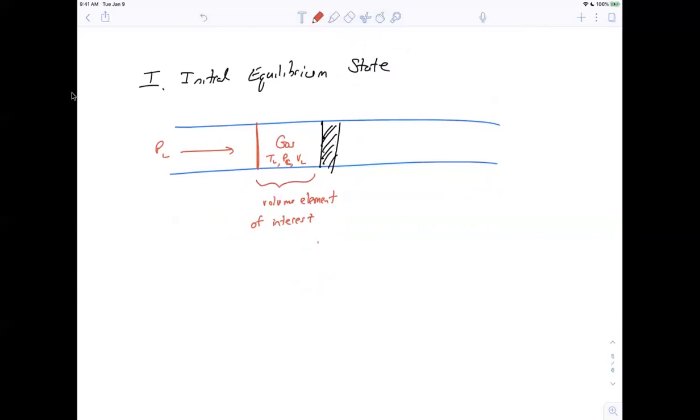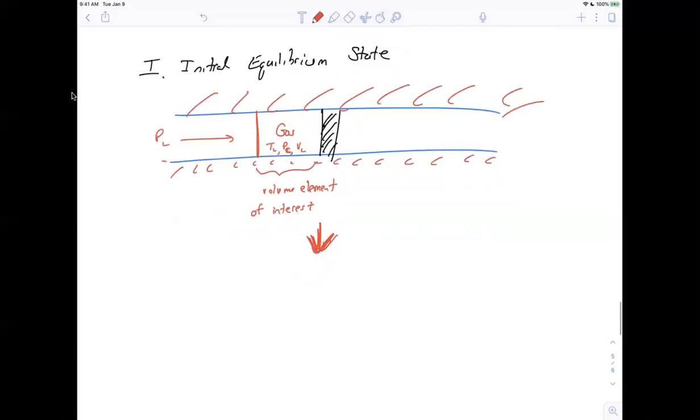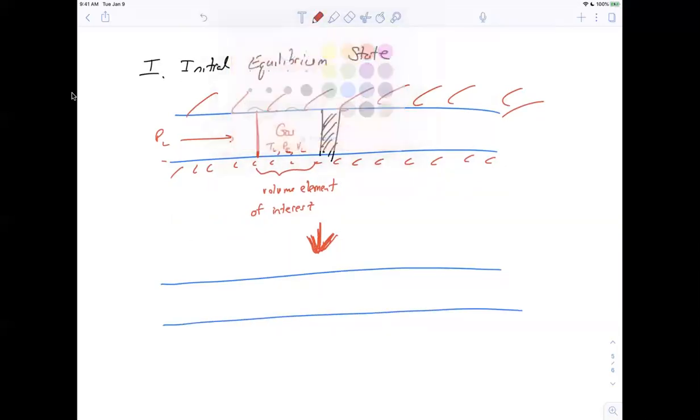Okay? But as the experiment proceeds, and of course this is insulated, as I indicate here by this red arrow going down, what will happen to that volume? Again, all this insulation.